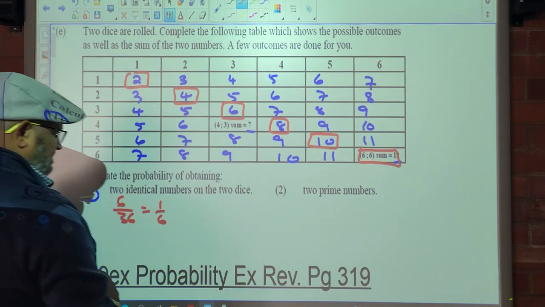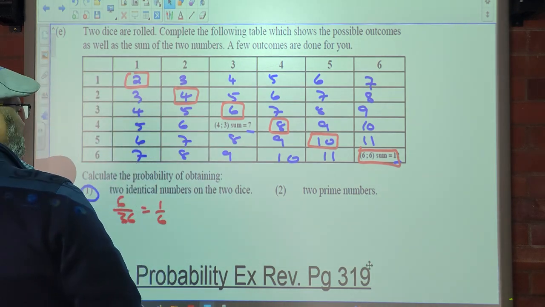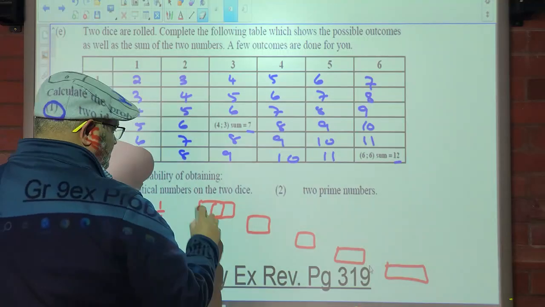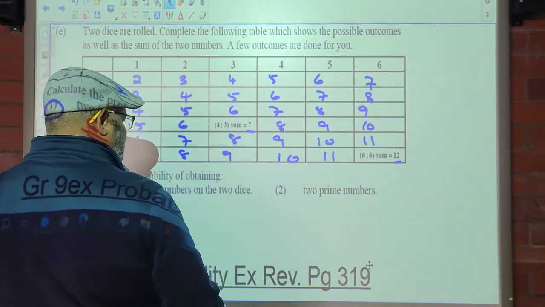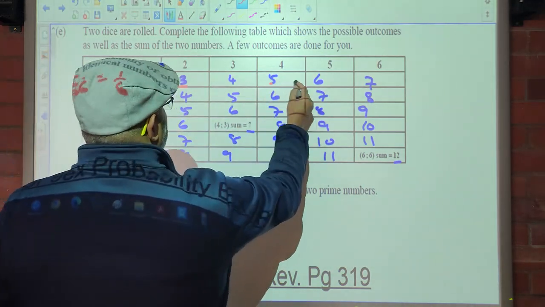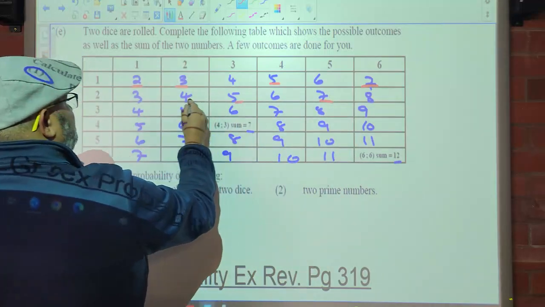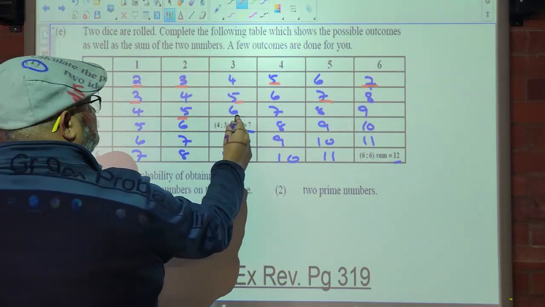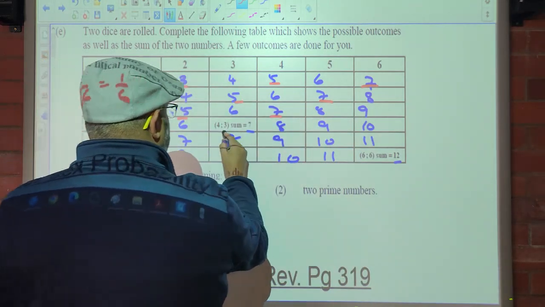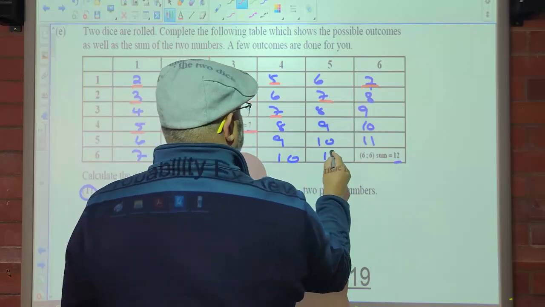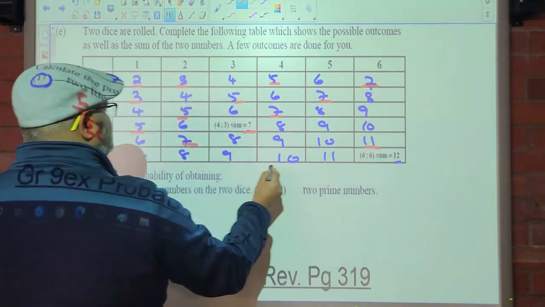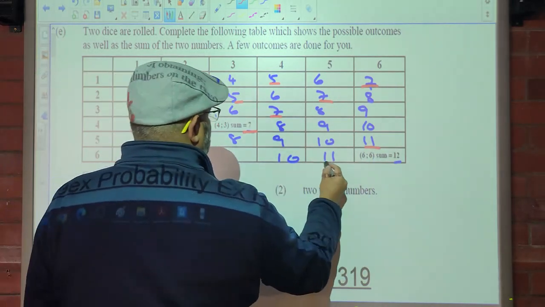A prime number. What are prime numbers? Numbers that only have 2 factors, 1 and itself. Prime numbers: 2, 3, 5, 7, 11.